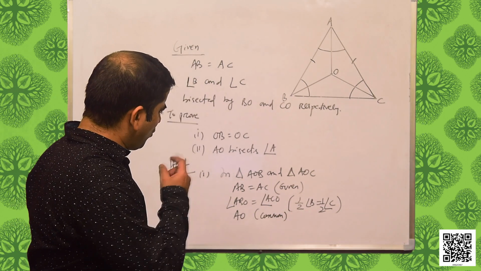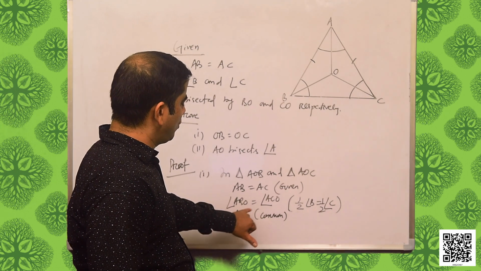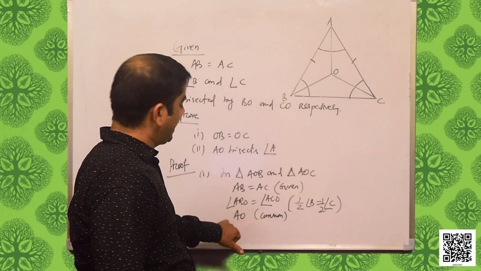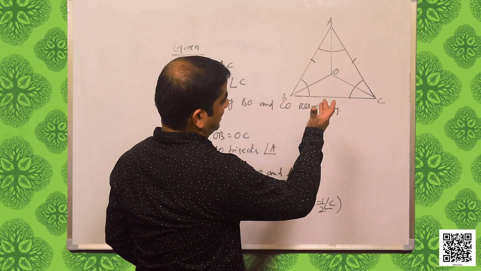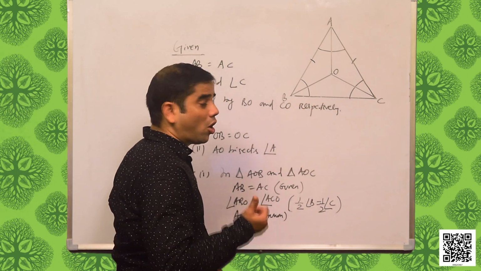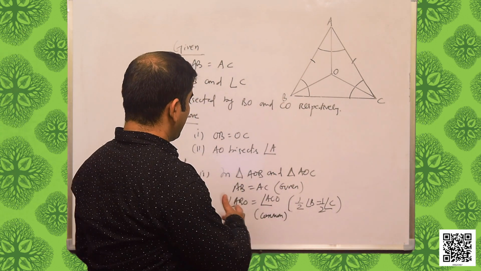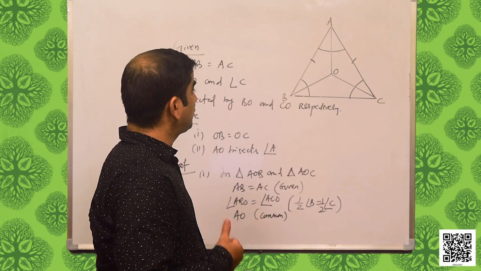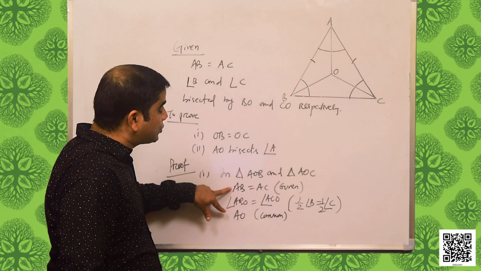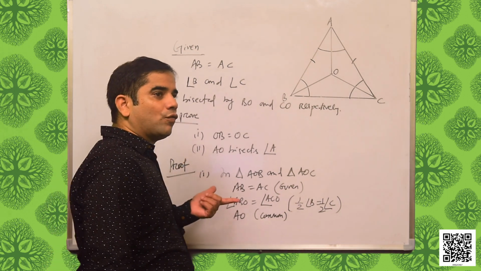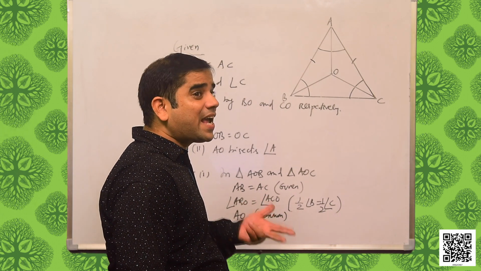So, students, now we have AB equal to AC, angle ABO equal to angle ACO, and AO as the common side. Someone might think that these two triangles are congruent, as we have two sides equal and one angle equal. But only if this angle is the included angle of these two sides can we go for SAS congruency. We do not have anything called SSA congruency.